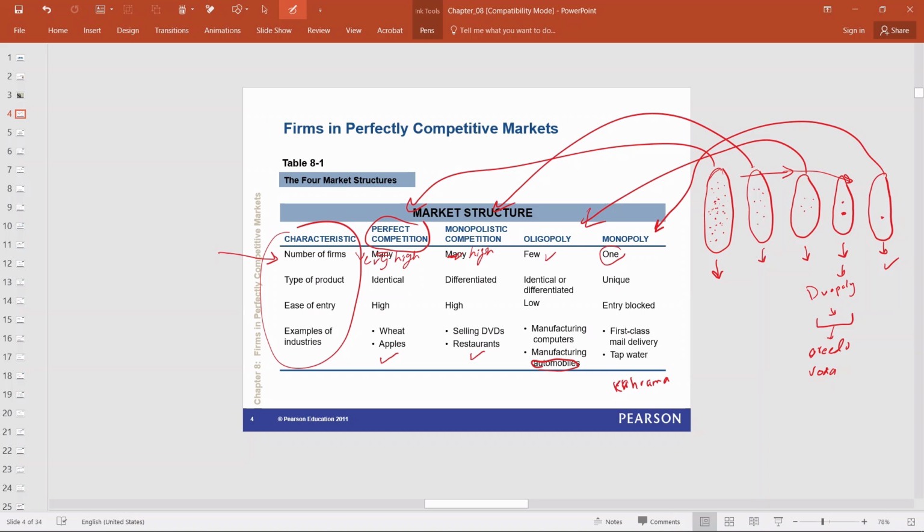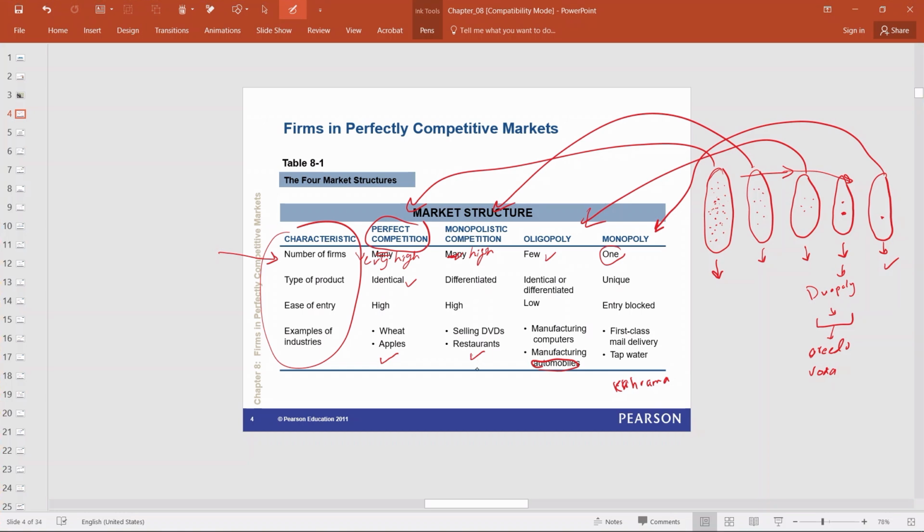Some other characteristics of these markets: the type of products in each market. In perfect competition, it's almost identical. In monopolistic competition, products are differentiated. You can, as a consumer, differentiate between one product and another, products that are in a similar class.